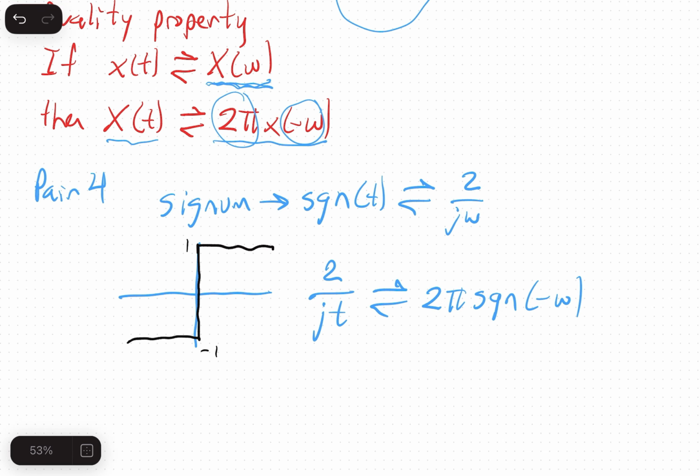Because this one in here has the shape of this one in here, right? These two have the same shape, so its pair is going to be in the opposite direction. The pair of this one looks like this one, the one on the left side, right?